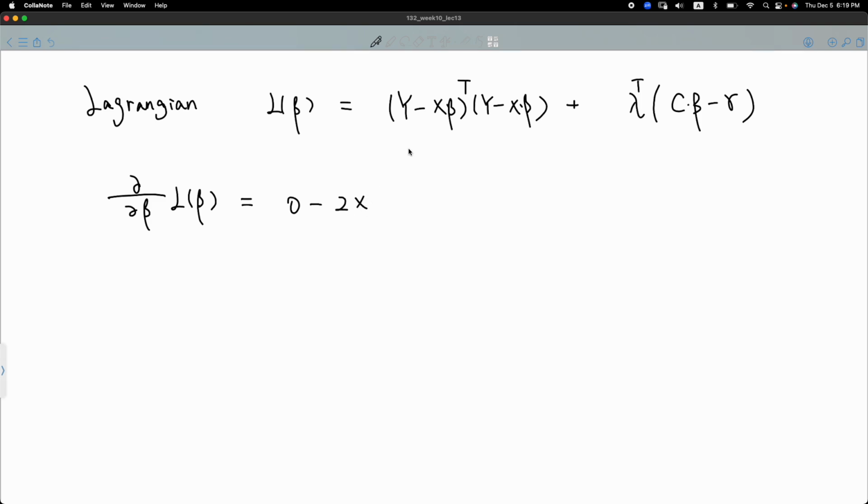So you have 2 times the x transpose y, and then plus 2 copies of x transpose x beta. So this part is the same as how you solve the original linear regression model part. The only difference is that you need to take care of this constraint because the Lagrangian bridges between the original problem and the constraint altogether.